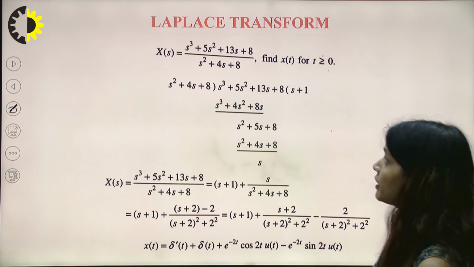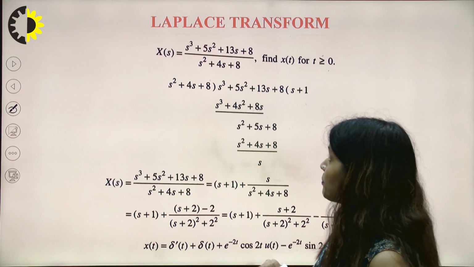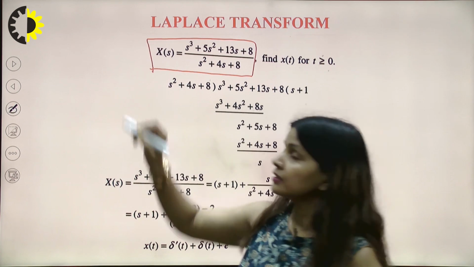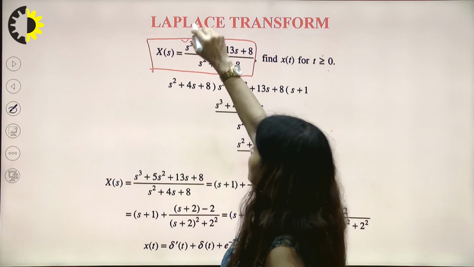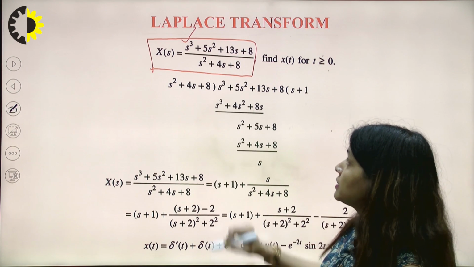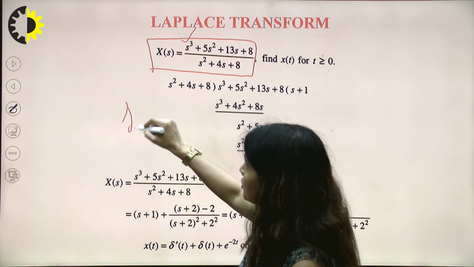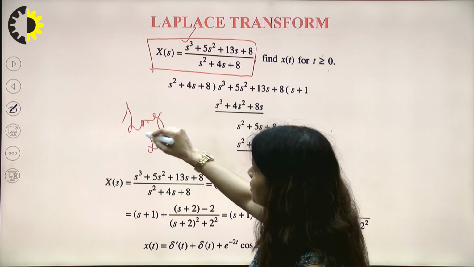In the similar way, this is one special case where X(s) is given and the power of the numerator is higher than the power of the denominator. Then we need to perform the long division method.